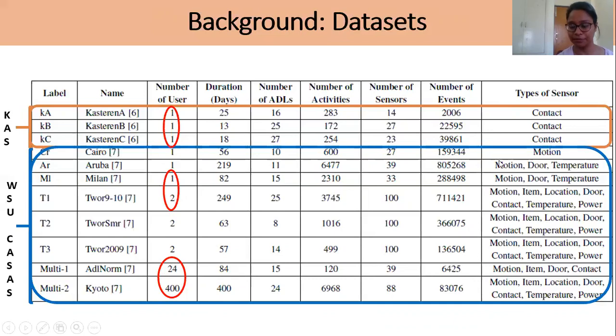There are lots of different types of sensors, and a huge amount of data is generated, mostly over a year also. The last data set is basically an assisted living facility. So there are lots of users and lots of data, and many events are getting generated. So that is the data set we have.